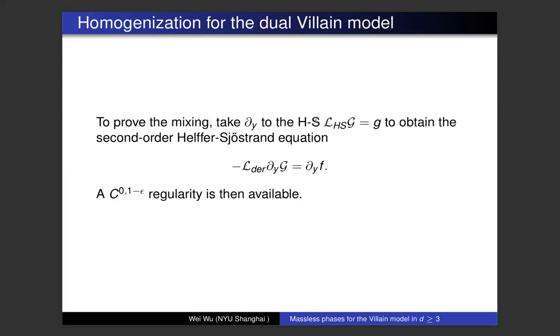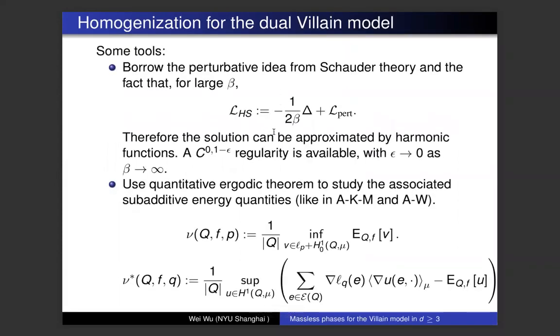And in order to do that, we go back to this Helffer Sjöstrand equation, and we took a further field derivative of it. And then we obtain another equation, which is quite complicated. This is something we call the second order Helffer Sjöstrand equation. So the partial y of this solution is solving another equation. It looks complicated. However, you would see that this new operator can also be separated into a leading Laplacian term plus a perturbation term.